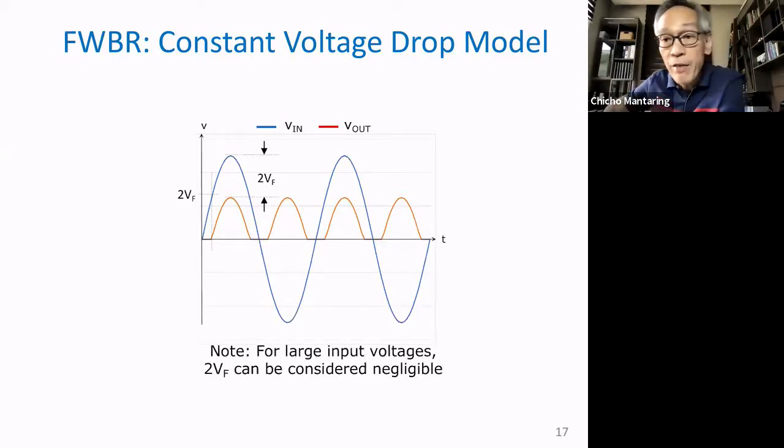So the disadvantage of a bridge type full wave rectifier is you have a larger voltage drop. Yung two source full wave rectifier, ang voltage drop natin is only V sub F. Dito ang voltage drop natin, or the voltage difference between the output and the input, will be 2 times V sub F.